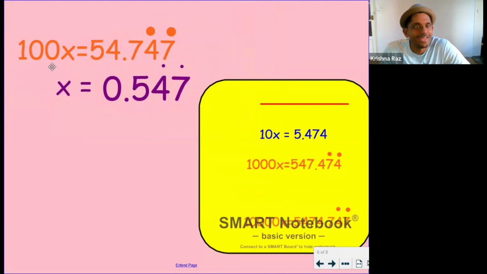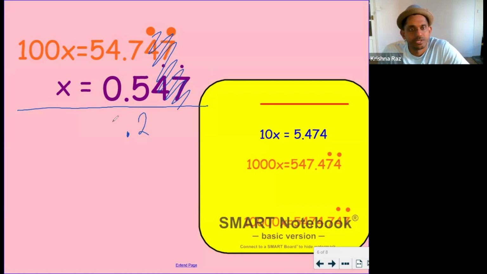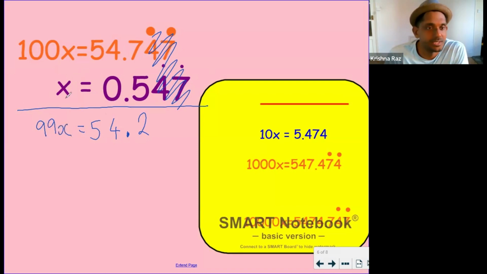And now, what do we need to do? Exactly, we need to subtract. So when I subtract, this will cancel. 7 take away 5 is 2. 4 take 0. 5 take 0. 100x take x.